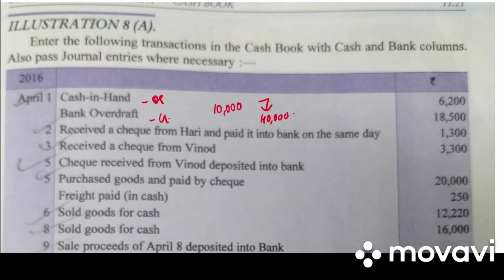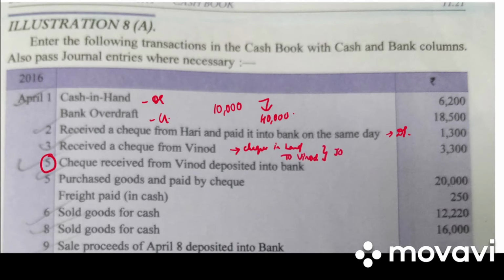Then we have received a check from Hari and paid it into the bank on the same day. It will be on the debit side of the cash book. Next we have received a check from Vinod. Have they said to us that it is deposited into bank or not? Nothing has been mentioned, but on 5th April they have said check received from Vinod deposited into bank. So on 3rd April there will be an entry, which is check in hand to Vinod.